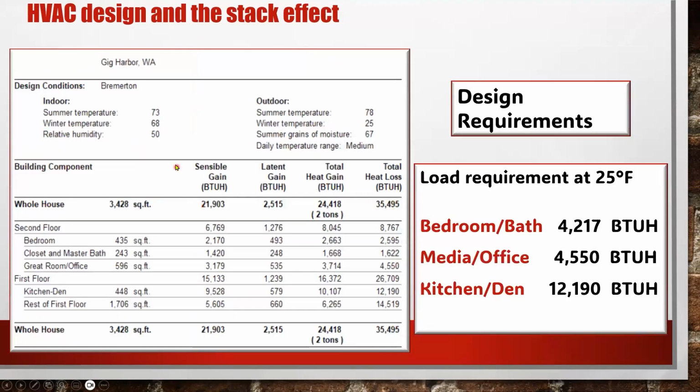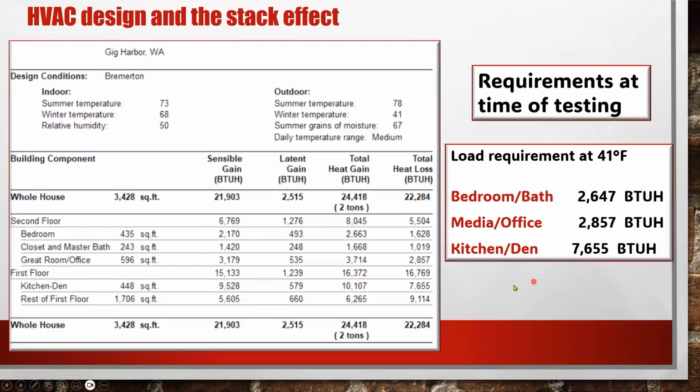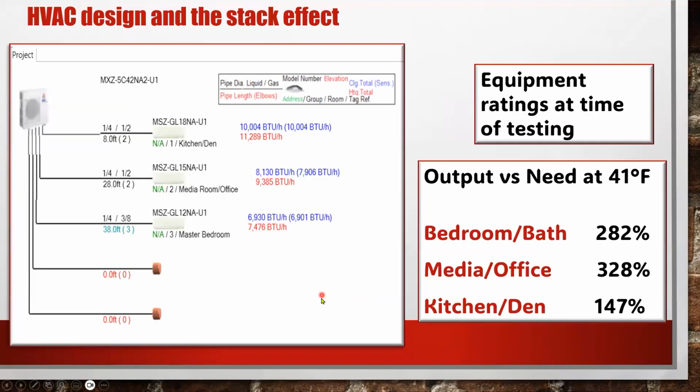This is the actual heat loss calc I ran on the space. You can see the load requirement at 25 degrees for these different zones: bedroom, media room, and kitchen den. What the actual load requirement was at 41 degrees, the lowest temperature we achieved on the first day of testing, and the amount of heat available versus what was needed.